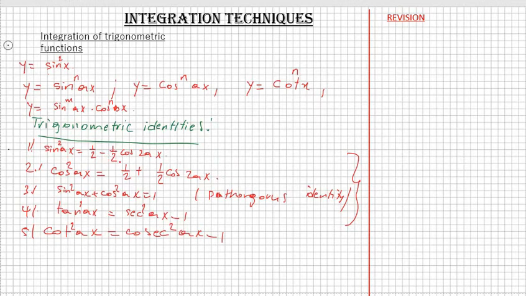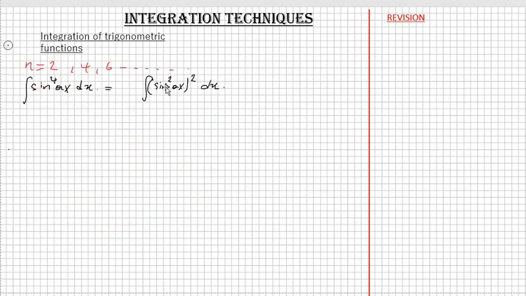So half minus half cos 2ax. So all I need to do is I just need to replace this part here. So I have half minus half cos 2ax, and then I still need to repeat that square. So I have square there and then dx.